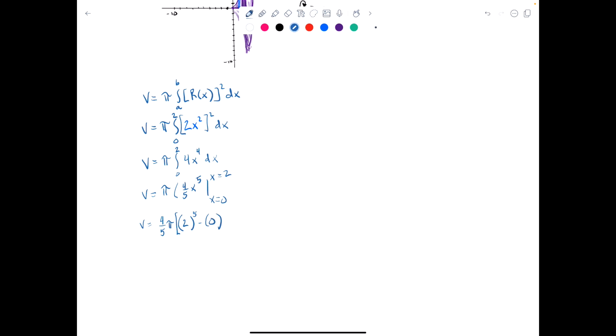I'll write it in for this one, 0 to the 5th. So 2 to the 5th is 32. So we'll have 128 pi over 5 cubic units. Groovy? All right.